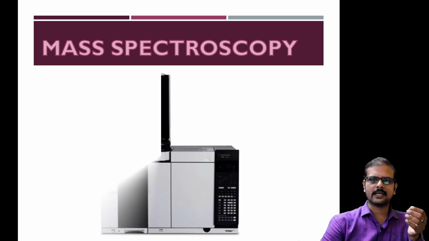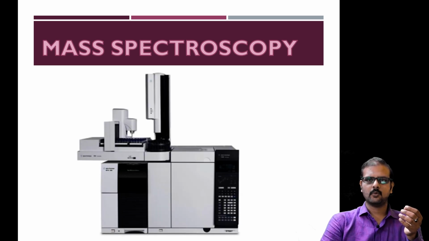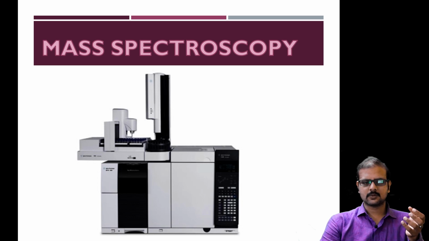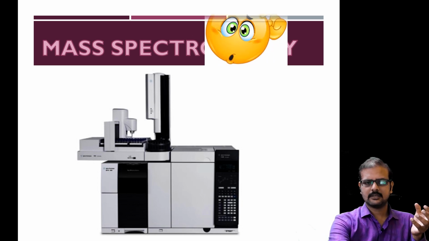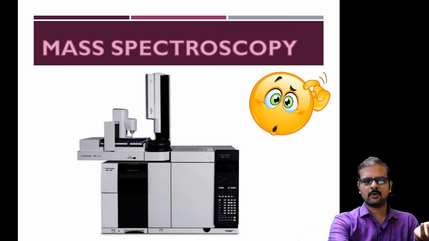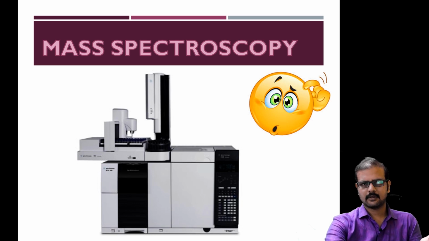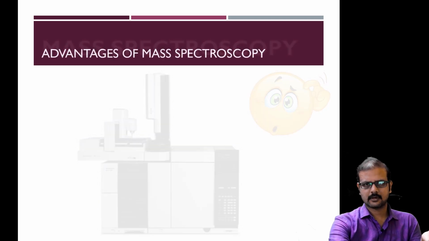The instrument looks like this, where the instrument is very typical and has a very complex structure. We don't know how it looks inside, so we have to analyze this instrument in detail. We will learn the mass instrument in the next slides.